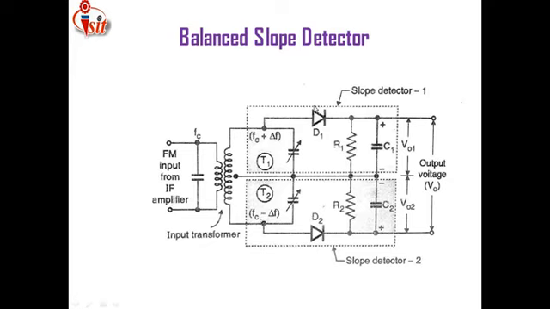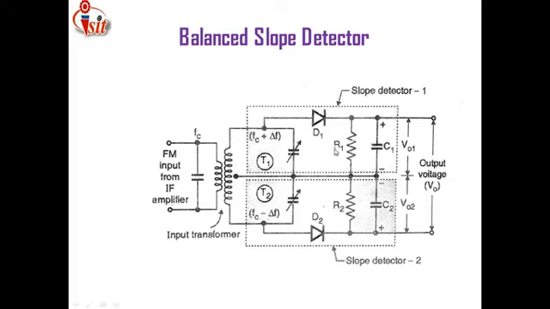For the diode, we are using diode D1 for the first stage and D2 for the second stage. Here we have also used the RC time constant R1C1 for slope detector 1, and R2C2 for slope detector 2.